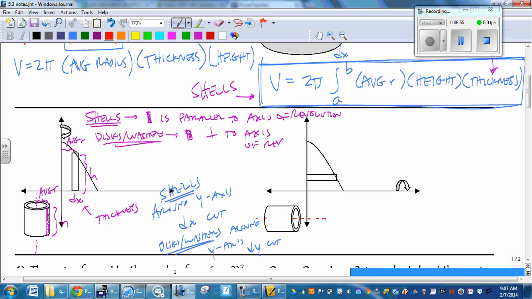So this is our rectangle spinning around, creating that shell. Our height of the shell this time is on the side, it's horizontal. The average radius is that vertical distance to the middle of that rectangle, and then the thickness for this one is dy.